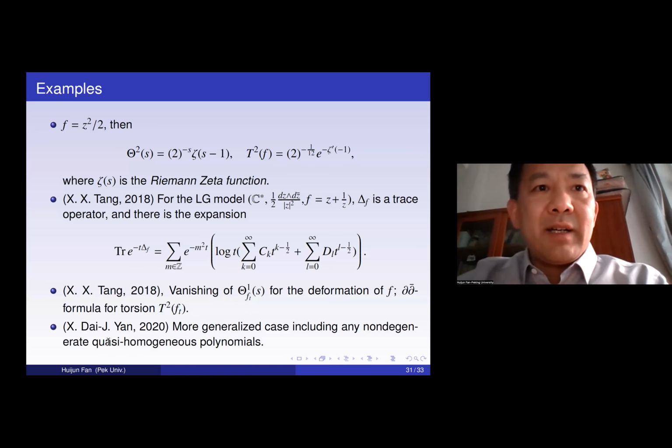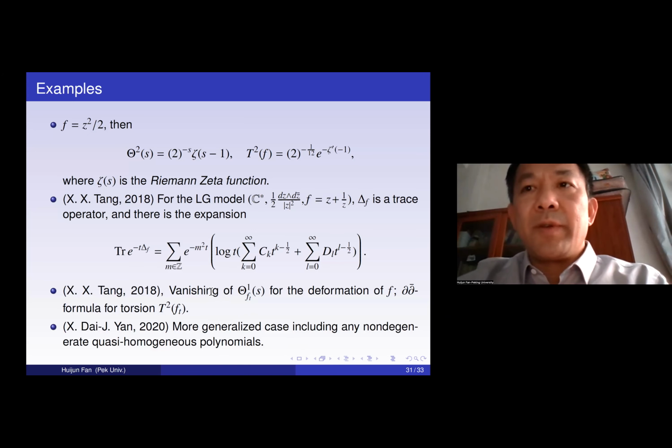And then Dai Xianze and Yan Junrong in 2020 removed the technical problems in our papers. Then they can generalize the results to a more general case, including any non-degenerate quasi-homogeneous polynomials.